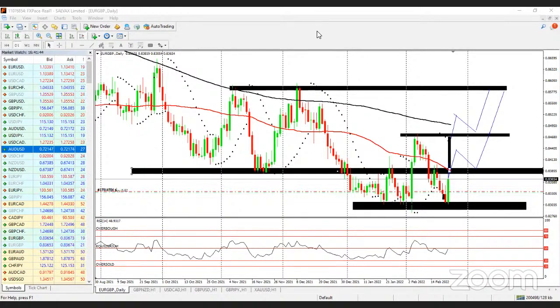Yes. Support level is where you buy. The resistance level is where you sell.